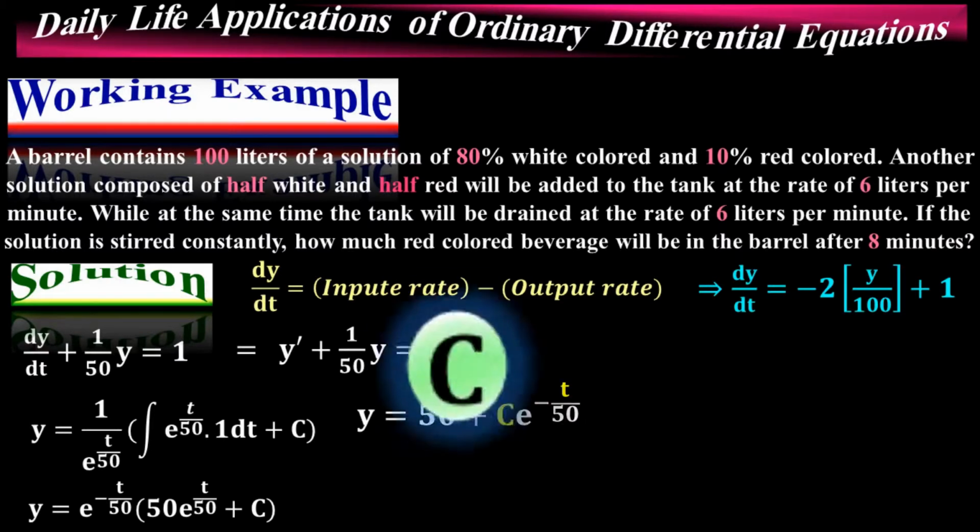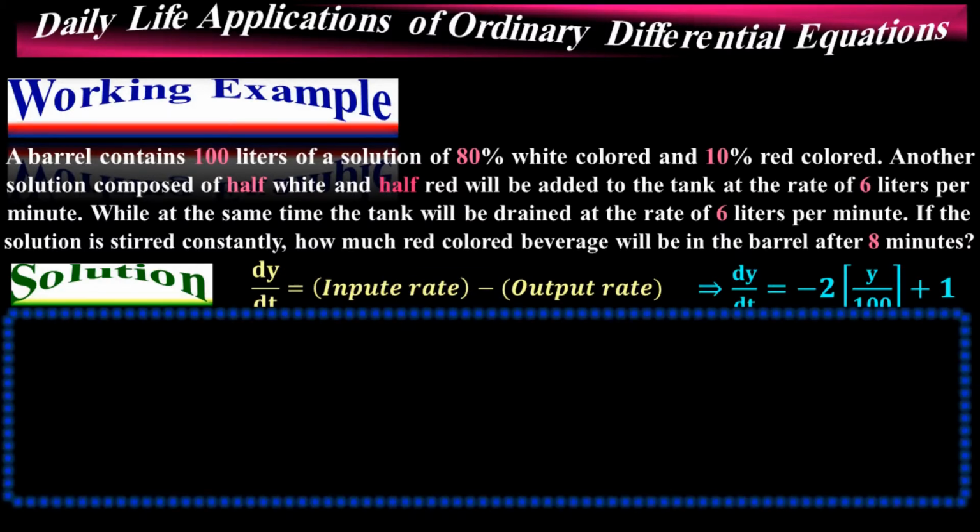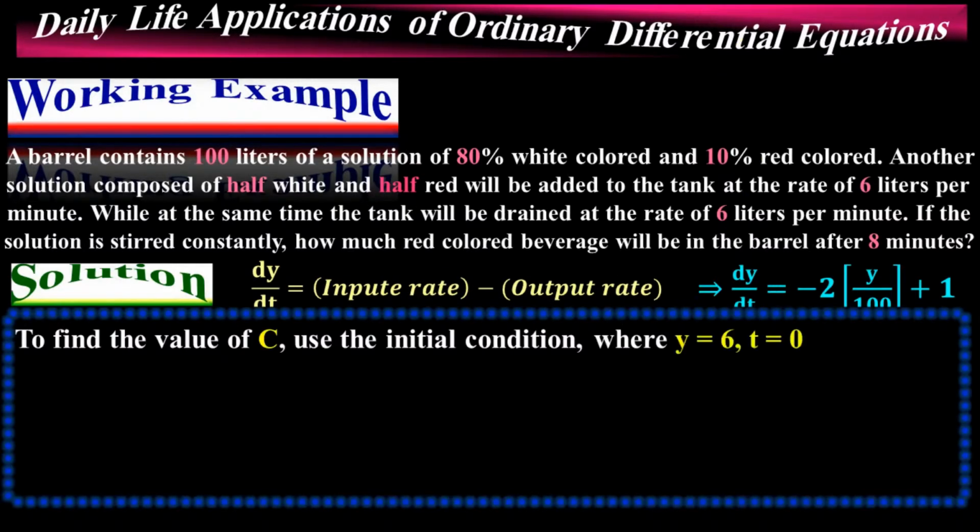Now to find the value of constant c, use the initial condition where y equals 6, t equals 0. 6 is the number of liters per minute at t equals 0, which is my first initial condition. Just go and check the statement which says that another solution will be added at the rate of 6 liters per minute. So y equals 6 at t equals 0.